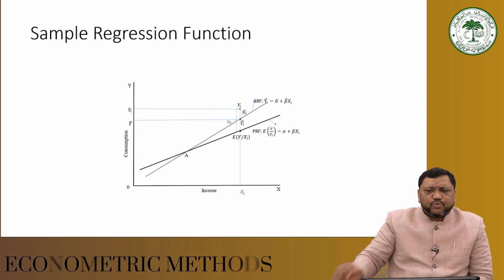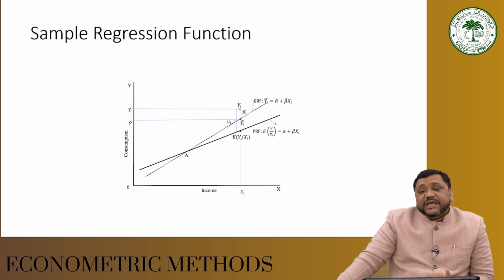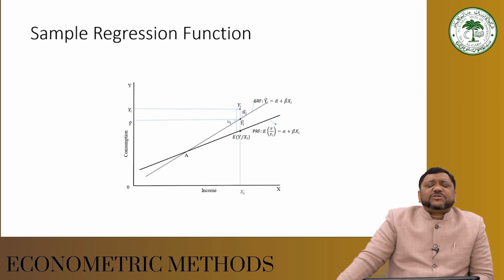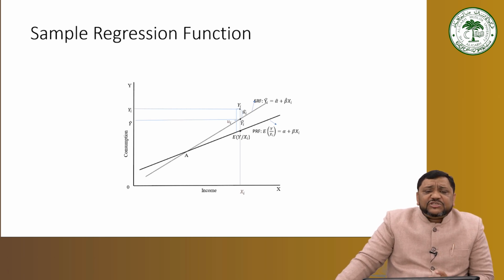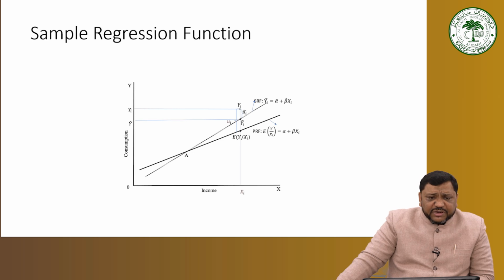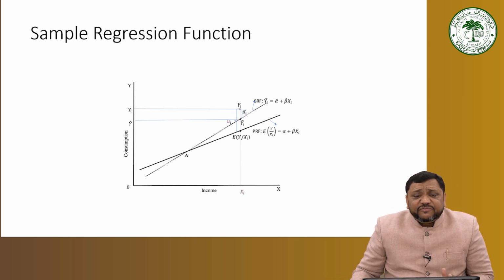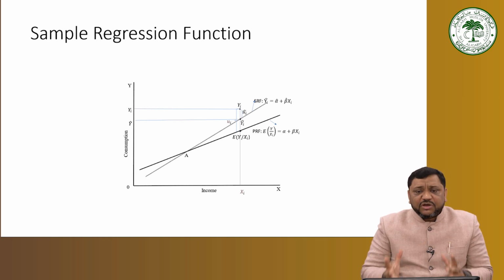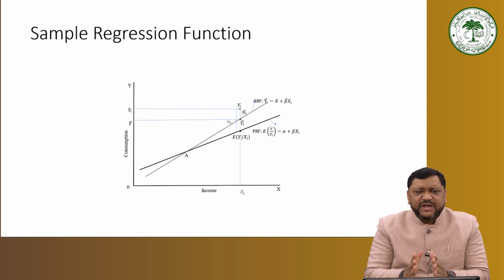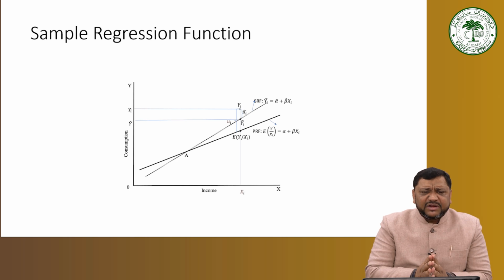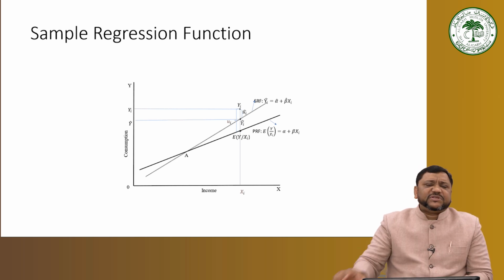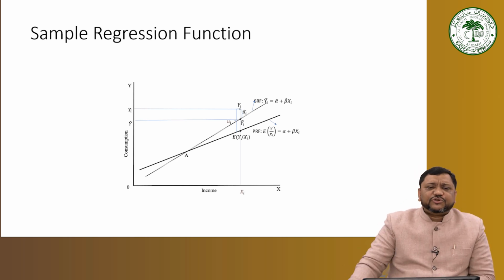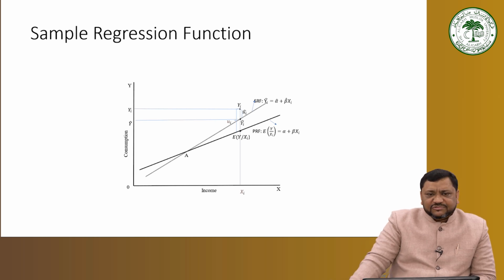In other words, how to make alpha hat as close as possible to the population alpha and beta hat as close as possible to the true beta, even if the values of true beta and true alpha are unknown. So the work of regression here is to estimate the sample regression function which is the best representative, or the closest, to the true population regression function.